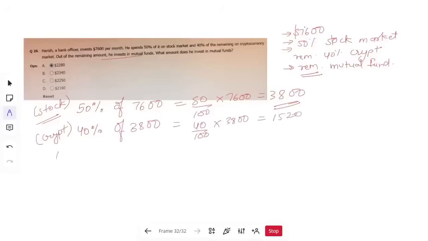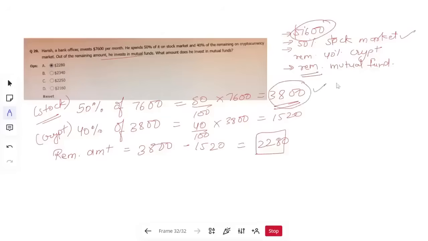Okay, now what is the remaining amount that we are left with? We had 3,800 minus we invested 1,520 in the cryptocurrency, so we are left with 2,280. Now 2,280 is the amount that Harish will invest in mutual fund, because that is what we have to find. Initially he had 7,600. Out of that, 50% he invested in stock market, which means 3,800 he invested in stock market.